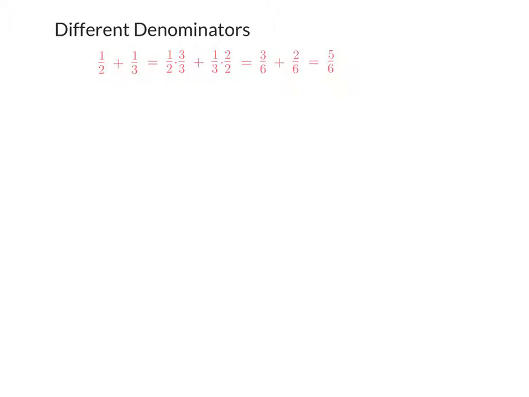Well, let's see how it works when you've got two rational expressions with different denominators. So let's look at this example: 3 over x plus 1 plus 5 over x minus 1. Obviously, we don't have the same denominators, so we have to create the same denominator.